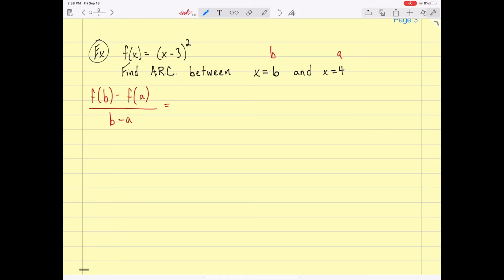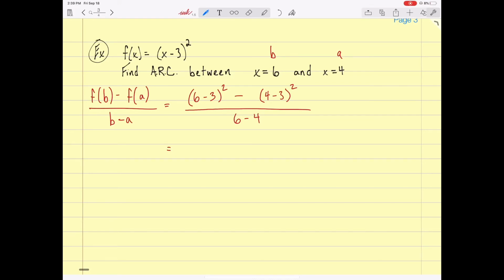So let's start. So f of B, if I'm saying B is the value 6, f of B would be 6 minus 3 squared. Minus the value of f of A. And A is 4, so we'd plug in the 4 for x and go 4 minus 3 squared. Divided by B minus A, which is just 6 minus 4. And once we do that, we just simplify this.